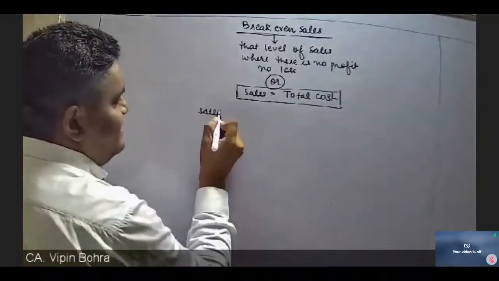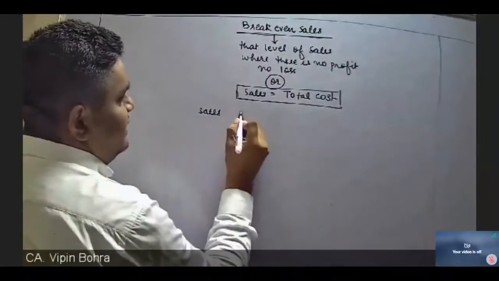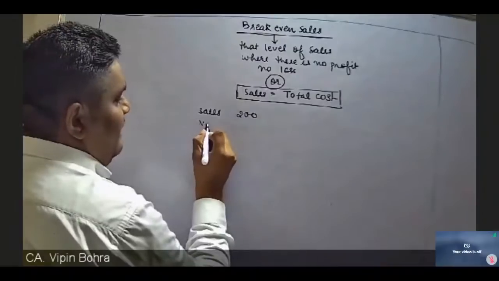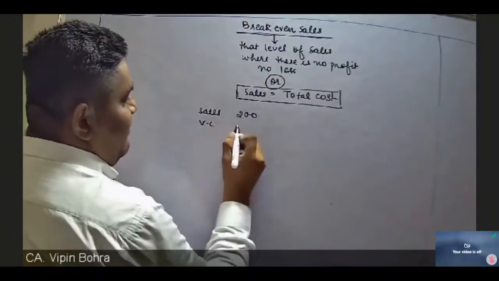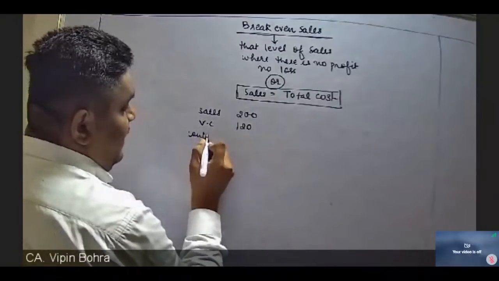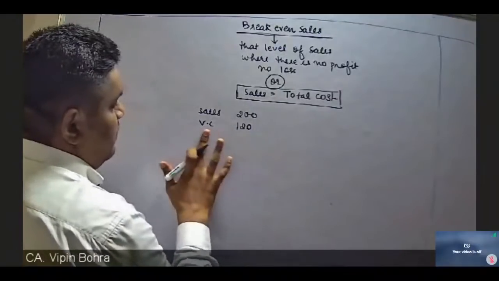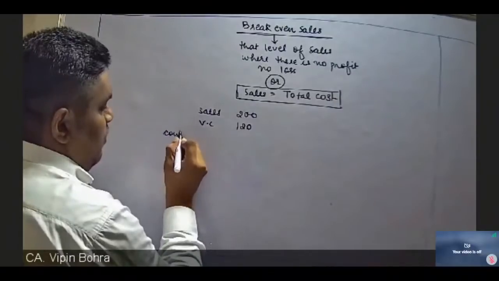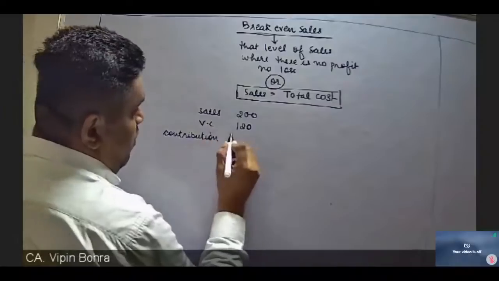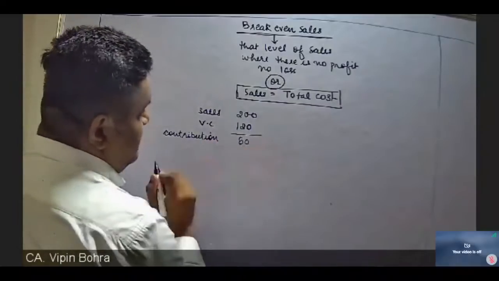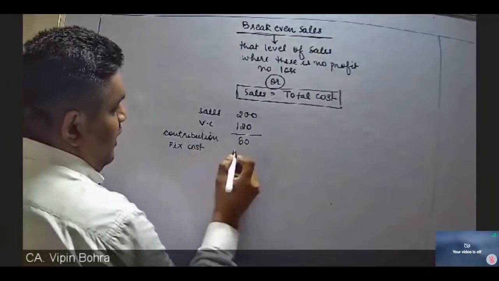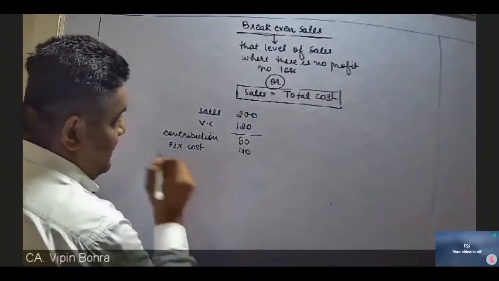Suppose my sales is say 200. The same example I am taking throughout the chapter. My variable cost is say 120. Therefore, my contribution will be 80 rupees. Suppose my fixed cost is 40 rupees.